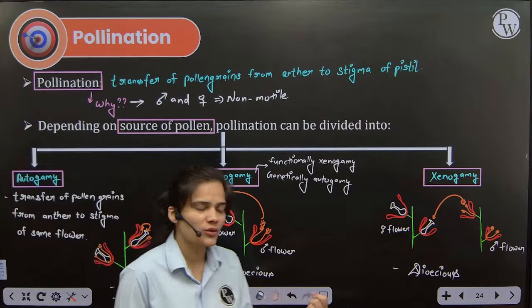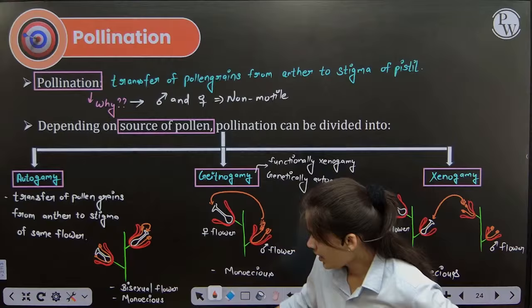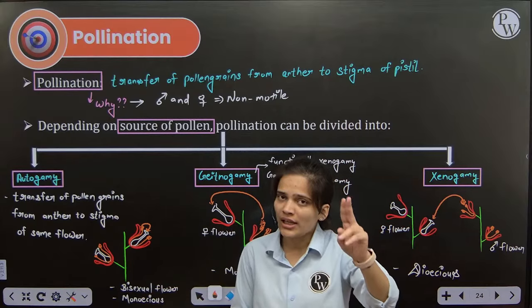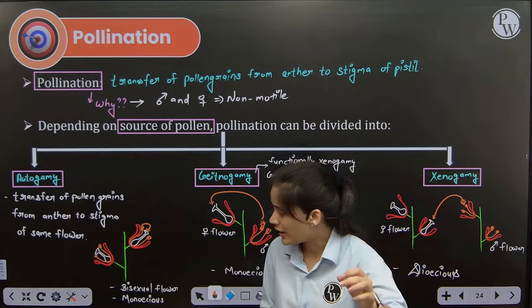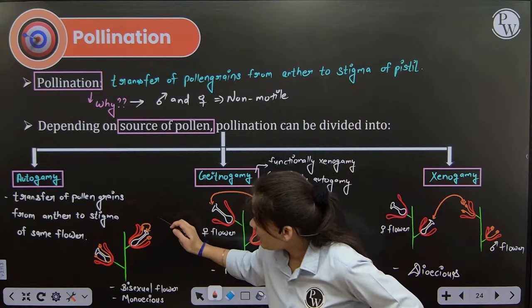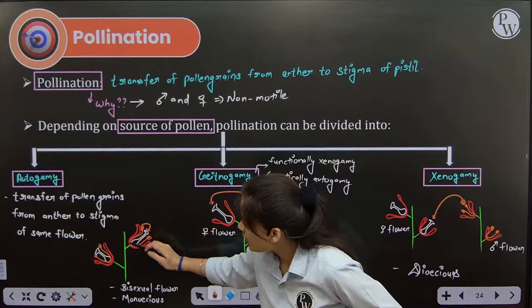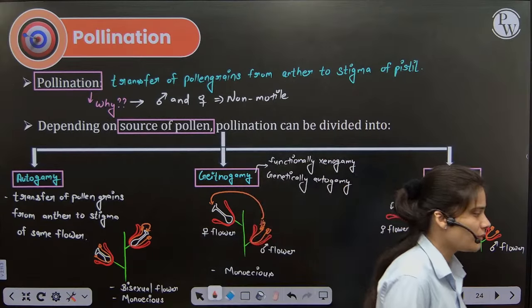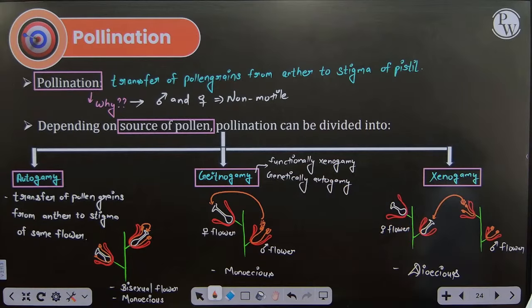Unisexual and bisexual are used for the flower. Unisexual means only either the male or the female part is present. Bisexual means it has both parts.